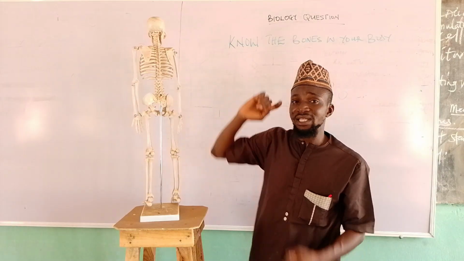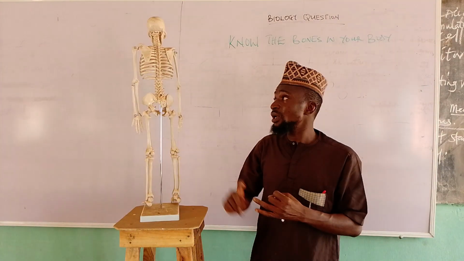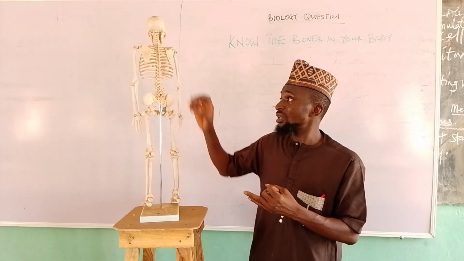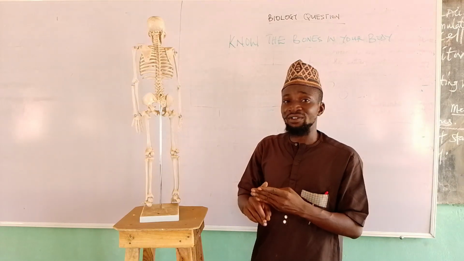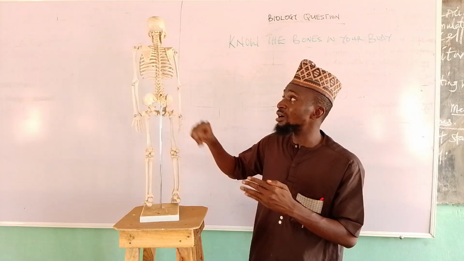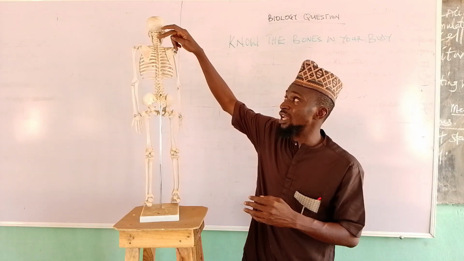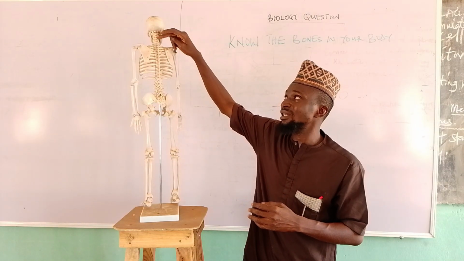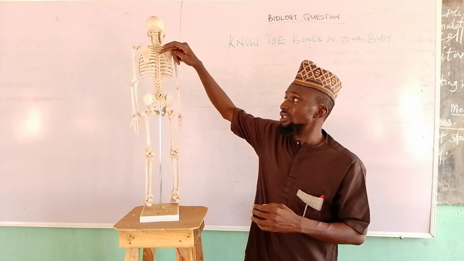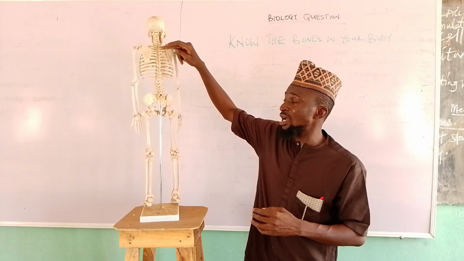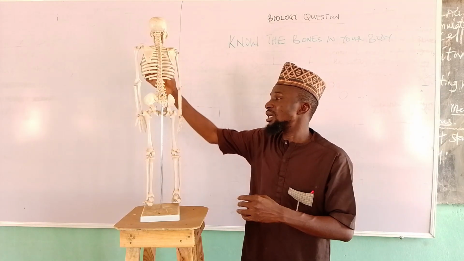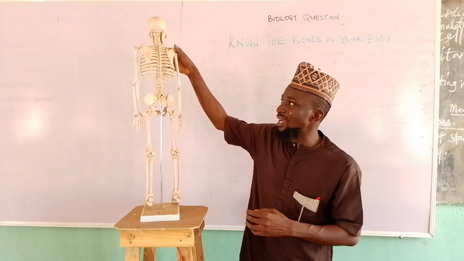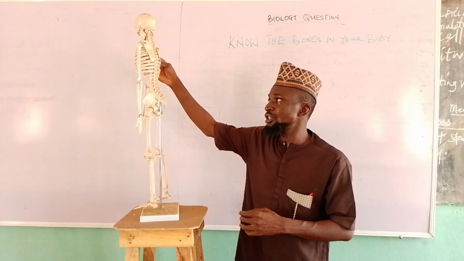We have the cervical vertebra, the thoracic vertebra, the lumbar vertebra, the sacral vertebra, and also the caudal vertebra. The first two cervical are referred to as atlas and axis. Then the thoracic vertebrae are the backbone found at the thorax region, which is the chest region.